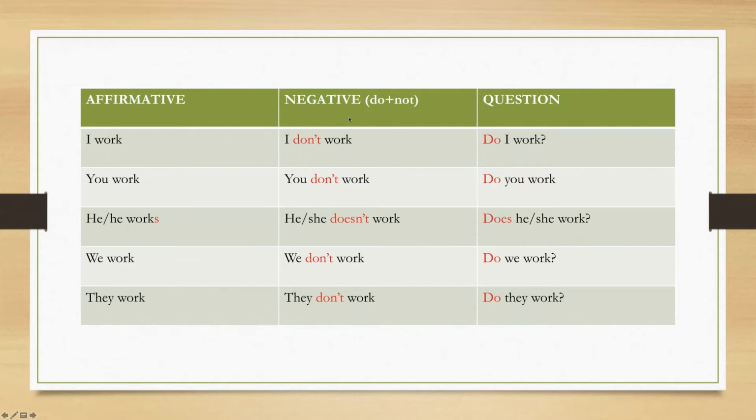In negative form, do plus not. I don't work, you don't work, he, she doesn't work, we don't work, they don't work. In a question: Do I work? Do you work? Does he or she work? Do we work? Do they work?